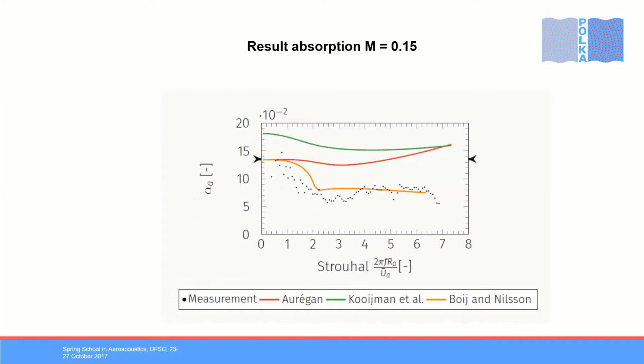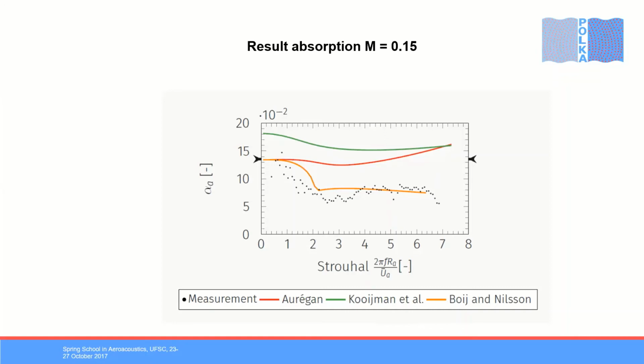This is from the same analysis. This is the so-called end correction, which is part of what you can find at the area expansion. And as a function of a Strouhal number now, so it's 2 times pi times f times the radius of the duct, divided by the flow velocity.